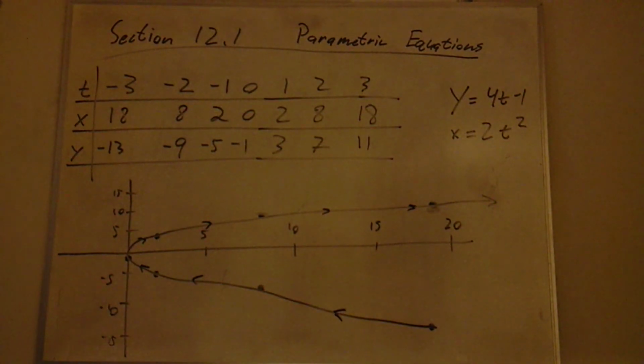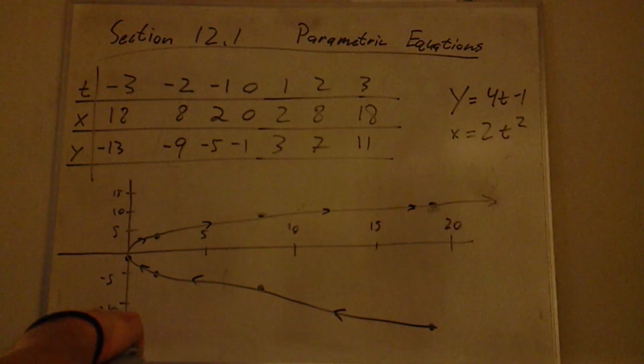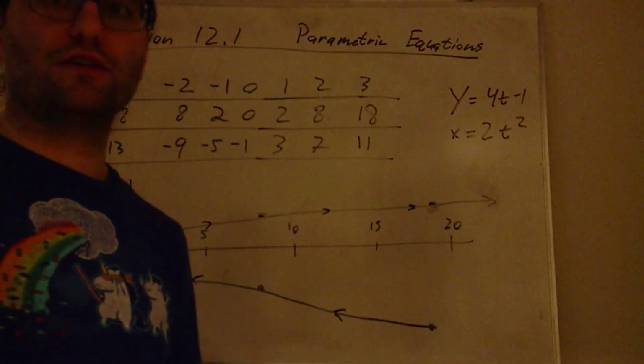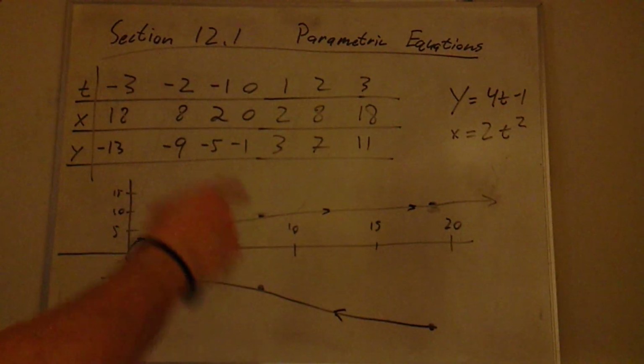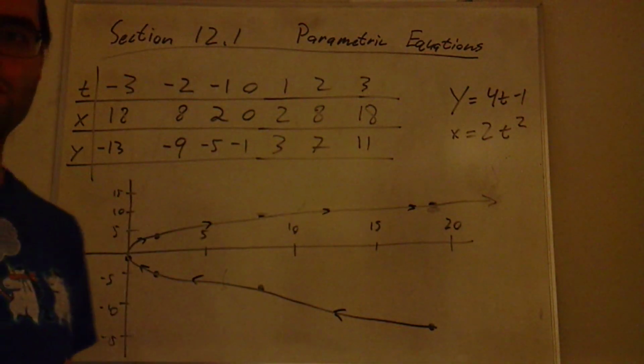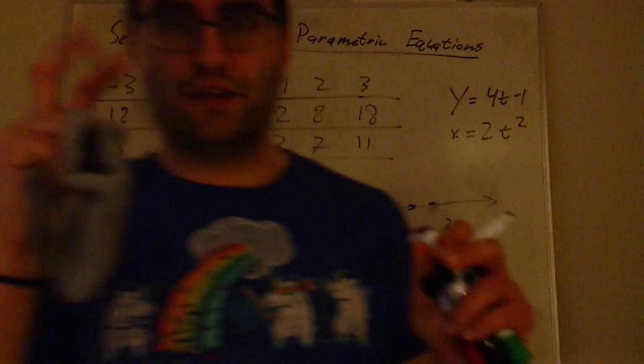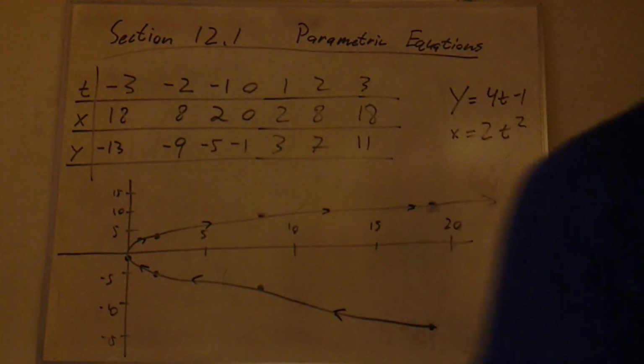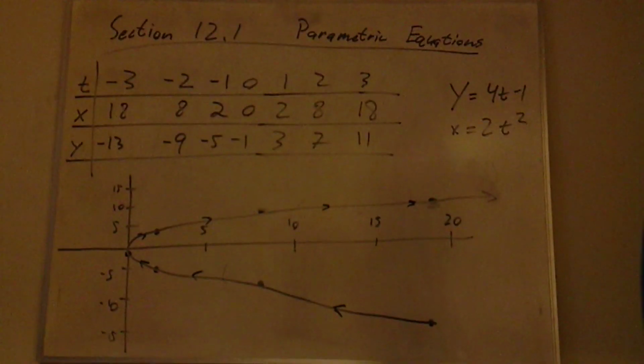So I'm going to cut the video here. I'm going to start the next one with another example that we can sketch a graph of and then transform into a regular function. Stay tuned.